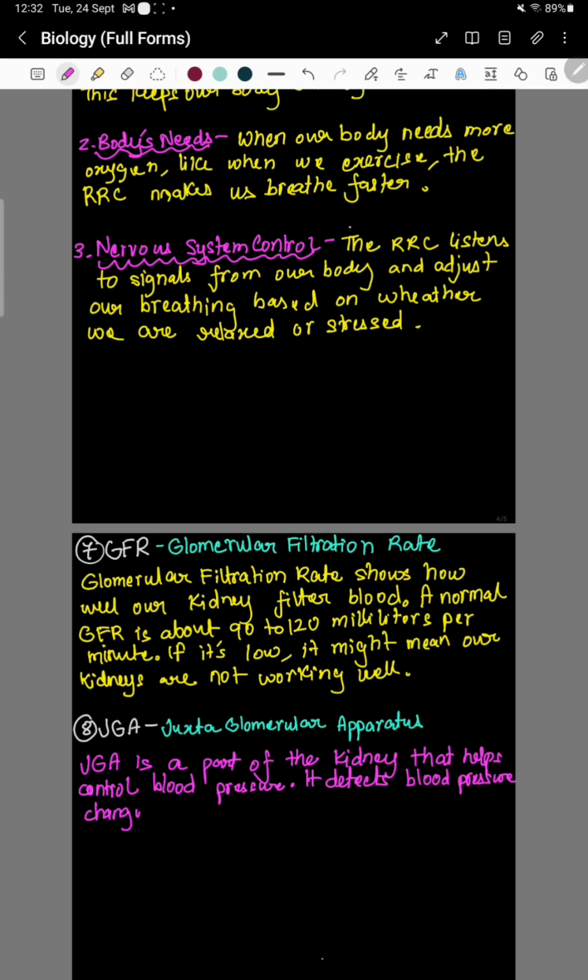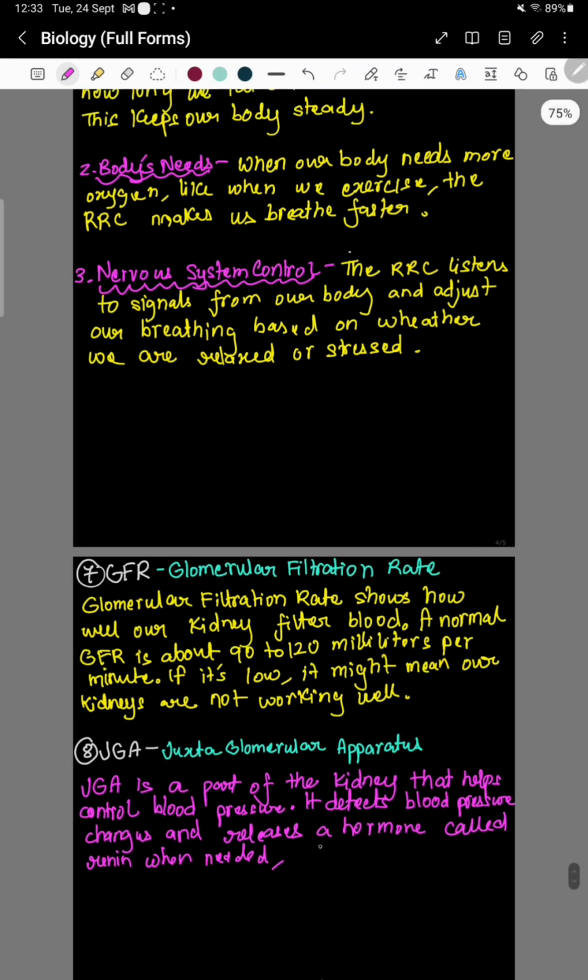It detects blood pressure changes and releases a hormone called renin when needed, helping to keep blood pressure stable and support kidney function.